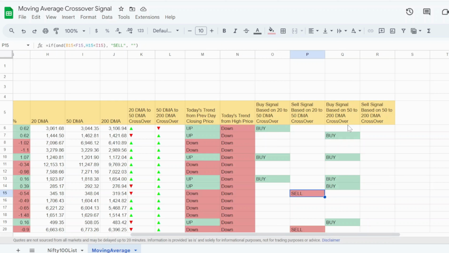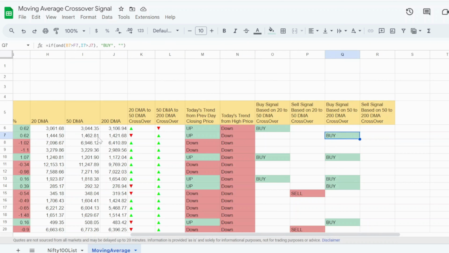The buy signal based on the 50 to 200 DMA crossover is the same as that of the 20 to 50 DMA crossover, where I am just checking if B6 is greater than F6. That means today's trend from the previous day's closing price is up, and along with that, if I6 is greater than J6, that means the 50 DMA is more than the 200 DMA, then it's a buy signal.